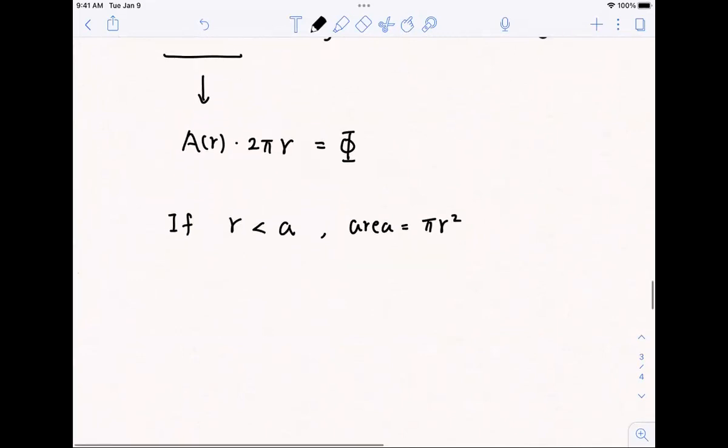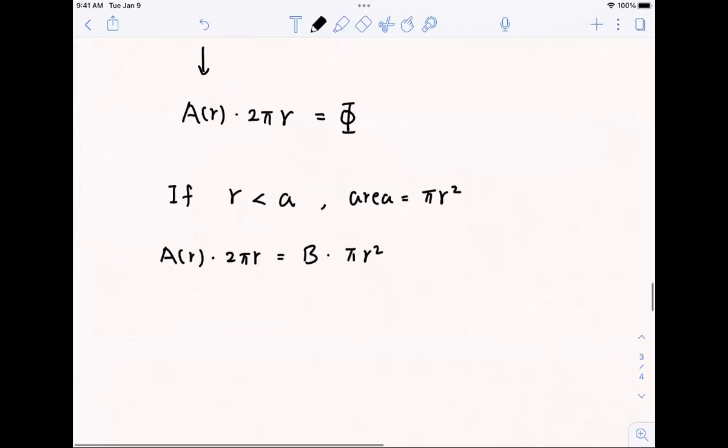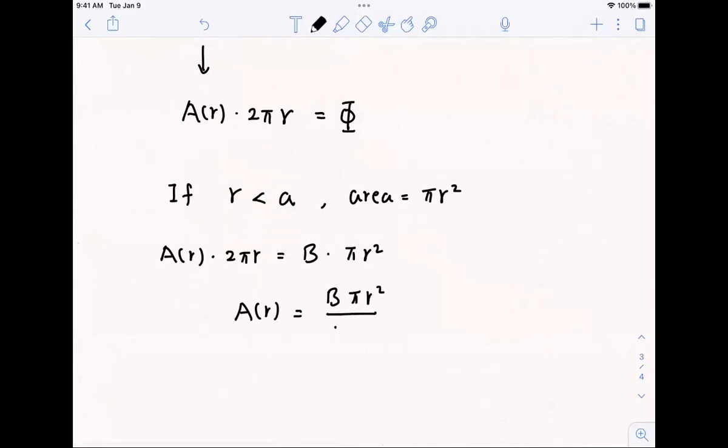So A(R) times 2 pi will be equal to B times pi R squared. So A(R) will be B pi R squared over 2 pi R. So it will be BR over 2. Okay, this is case 1.